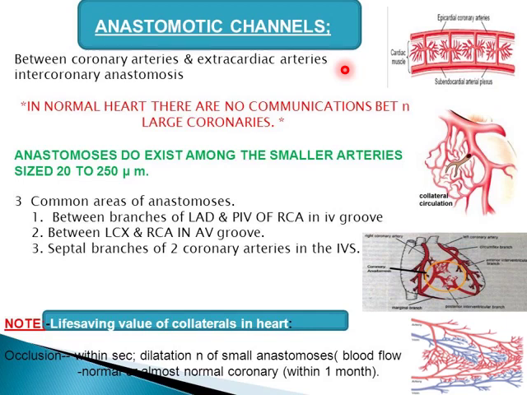So in a normal heart, there are no communications between the large coronary arteries. The communications happen between the smallest of the capillary branches, which are about 20 to 250 micrometers in caliber.